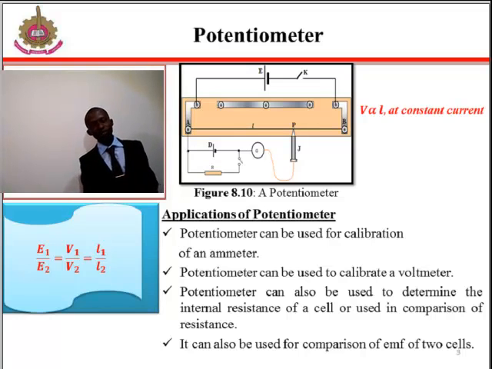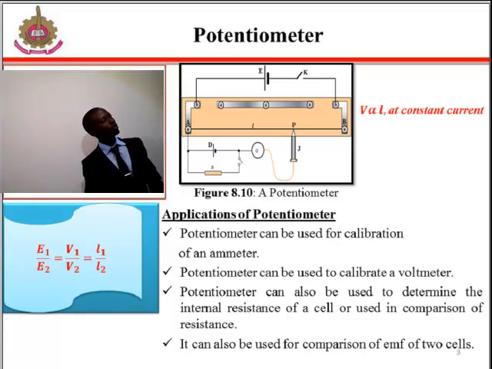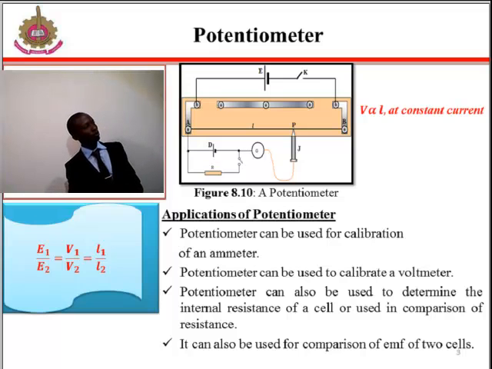When the EMF E1 of a cell is balanced against the potential difference V1 along a length L1 of the wire, and another EMF E2 of another cell is balanced against potential difference V2 along the length L2, then E1 divided by E2 is equal to V1 divided by V2, which is equal to L1 divided by L2.